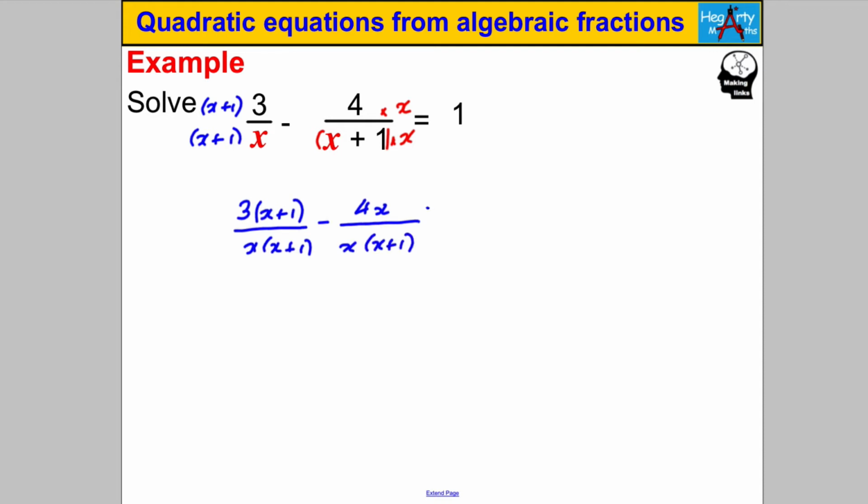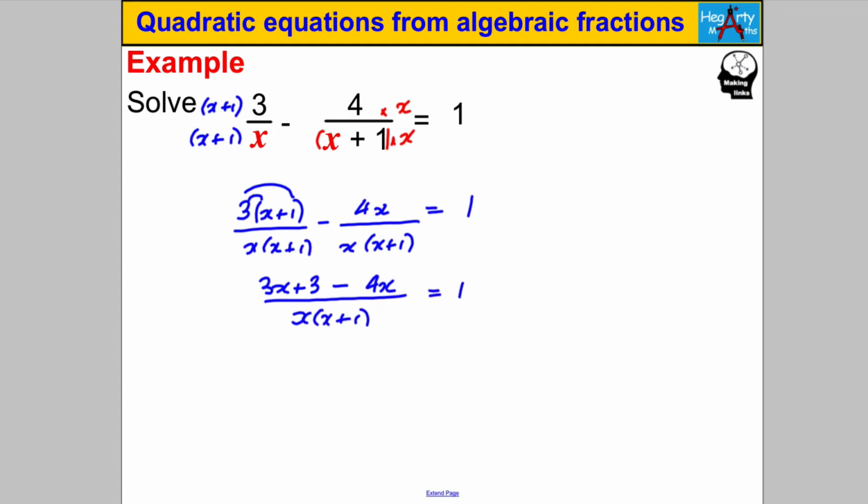And don't forget you've got an equal 1. Now we should probably expand that out, so we're going to have ourselves 3x add 3, and because the denominators are the same, we can subtract the top, so subtract 4x all over the same denominator of x add 1.